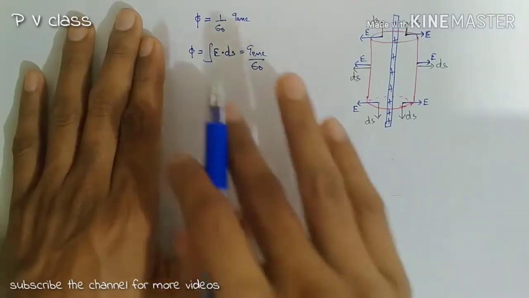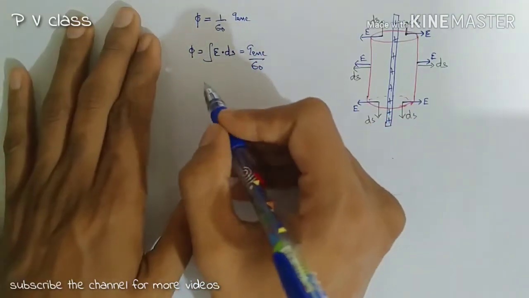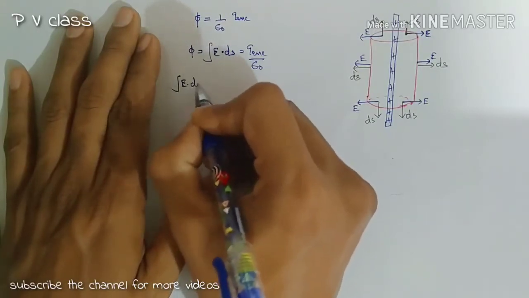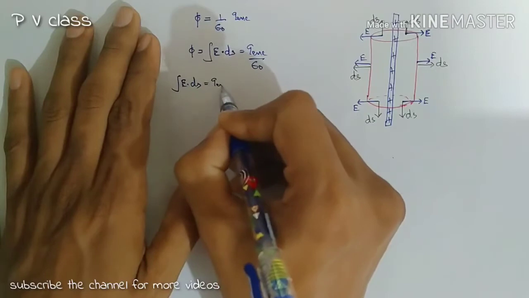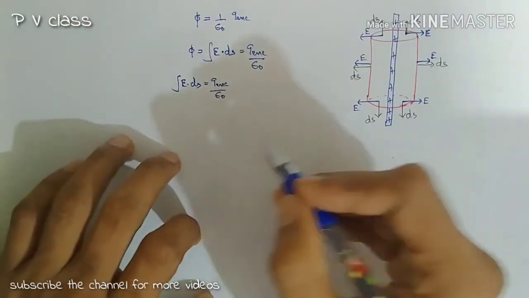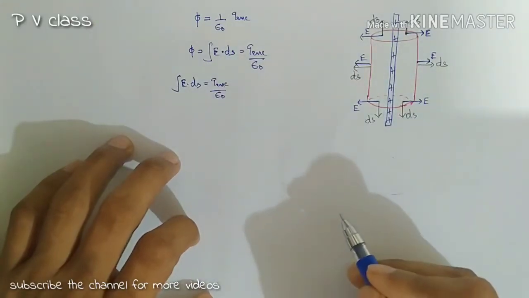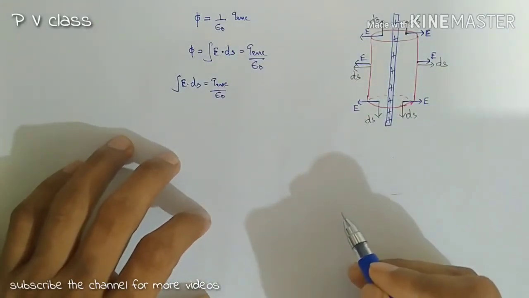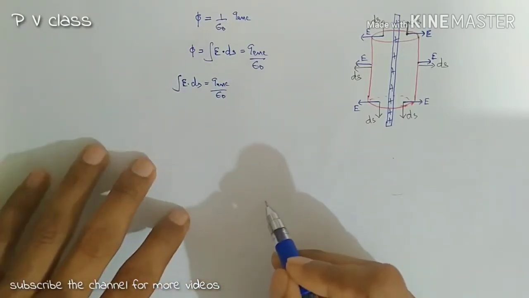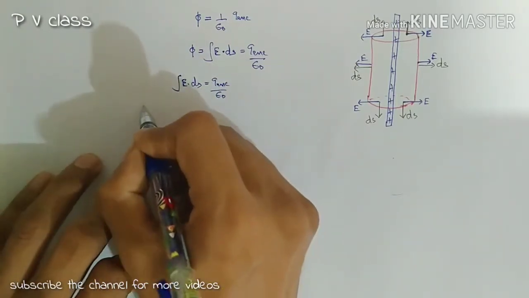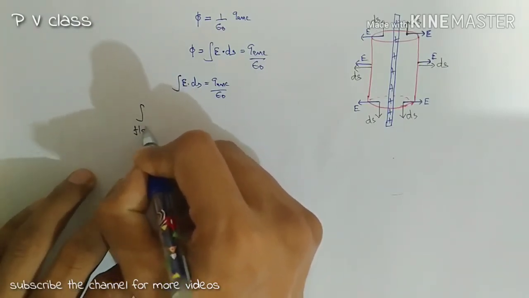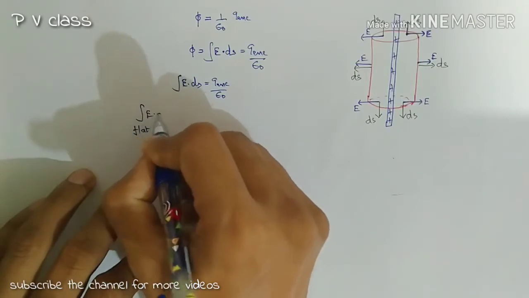Then from this we are taking integral of E dot ds is equal to q enclosed by epsilon 0, and in this case we are having a cylinder. Therefore, the total integral of E dot ds we could write as integral over the flat surfaces of E dot ds.